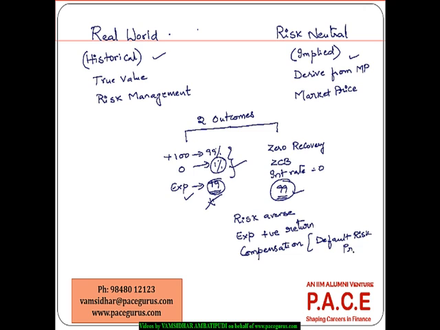So it should be available to me for probably 2 percent less. If it is available for 99, I must still choose this one. But let's say if it is available for 97, I might be willing to purchase this one because that remaining 2%, I will look at it as compensation for the default risk that I am taking.